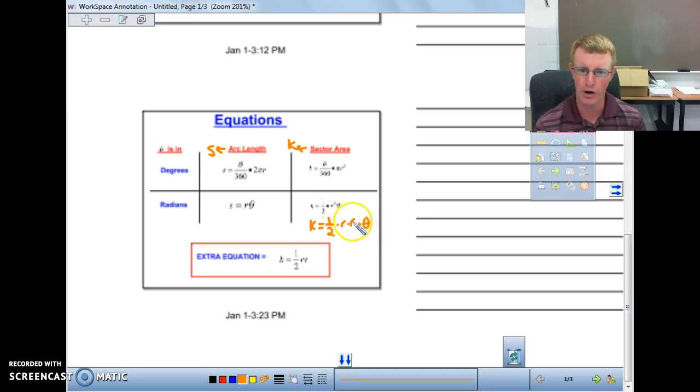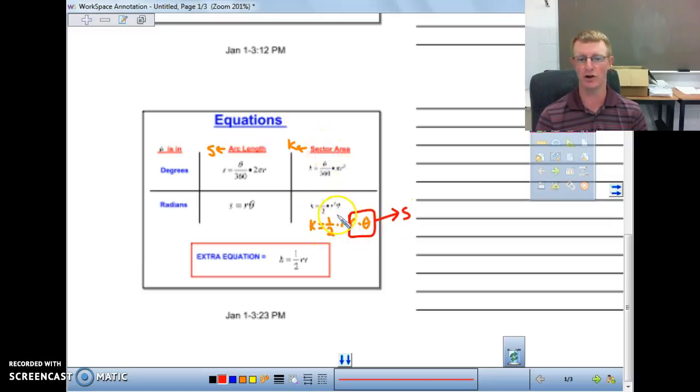Basically, if I break up the r squared into r times r, you should notice that we have an r times theta, which is exactly the same thing as S. So that's where the 1/2 rS comes from. If you know S and you don't know theta, then you're able to still find the sector area using your radius and your S.